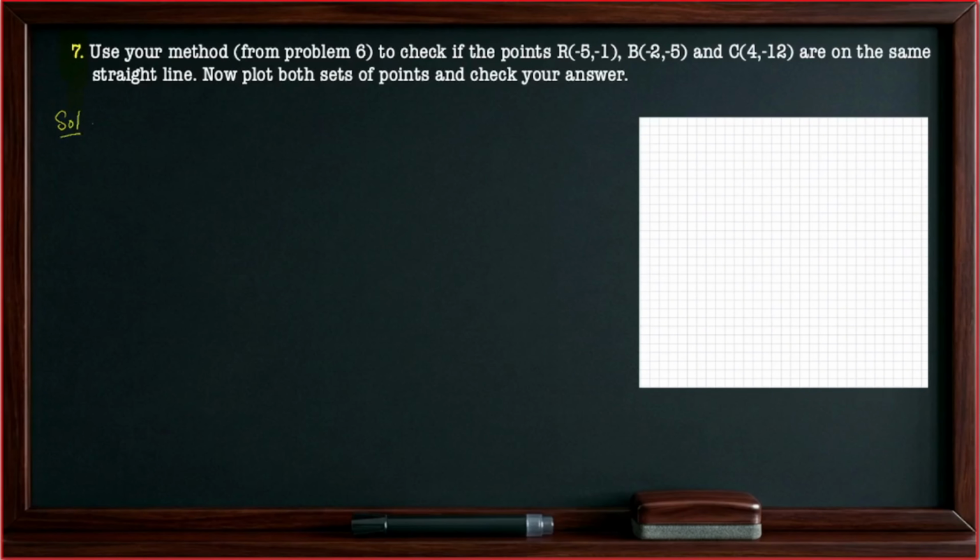So here the points given are A(-5, -1), B(-2, -5), and C(4, -12). These are the points, and we have to check whether these three points A, B, C are on a straight line.